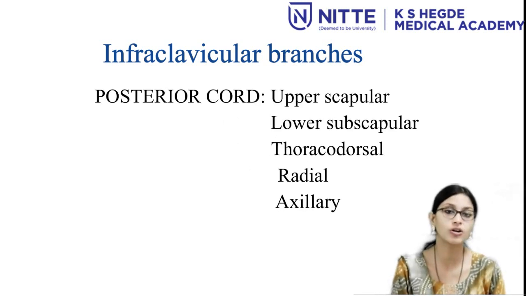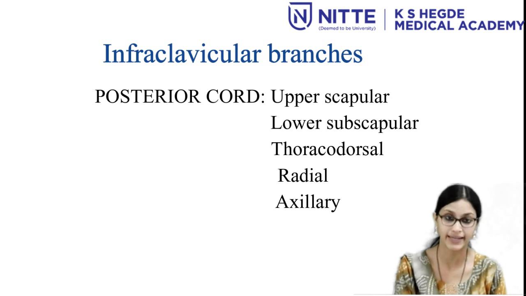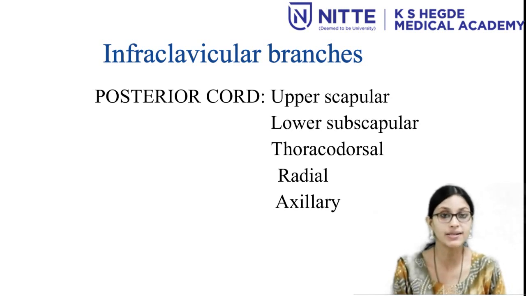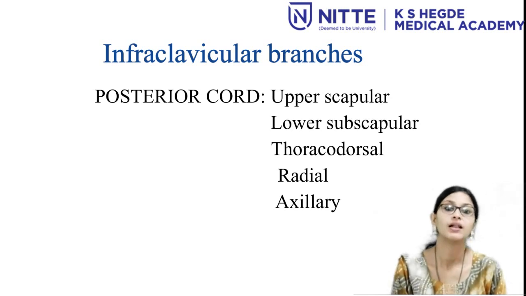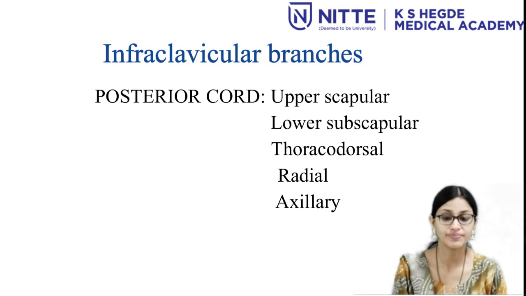Now the posterior cord gives five branches, which you can remember by the mnemonic ULTRA, that is upper subscapular, lower subscapular, thoracodorsal, axillary nerve and radial nerve.